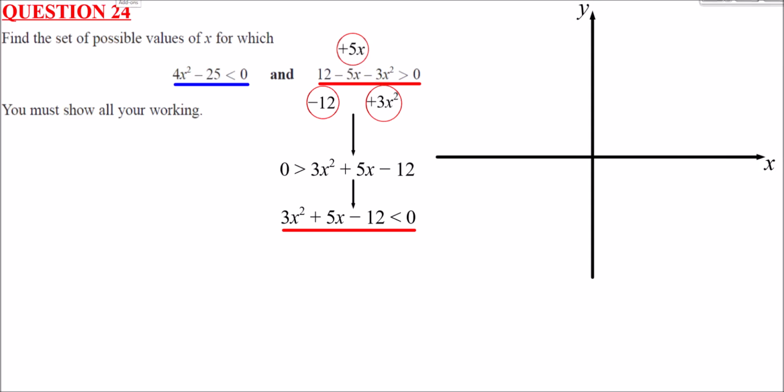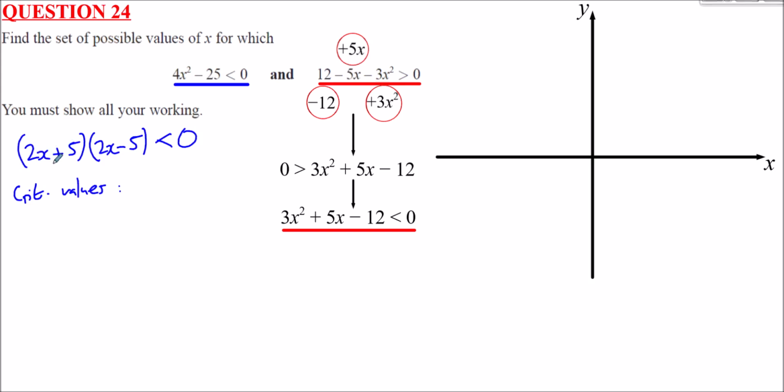So first of all, 4x squared minus 25 less than 0. Well, the square root of 4x squared is 2x. The square root of 25 is 5. So this one we can write as 2x plus 5, 2x minus 5 less than 0. Now the critical values of this, basically the values of x which would make this equal to 0, would be when each bracket is made equal to 0 itself.